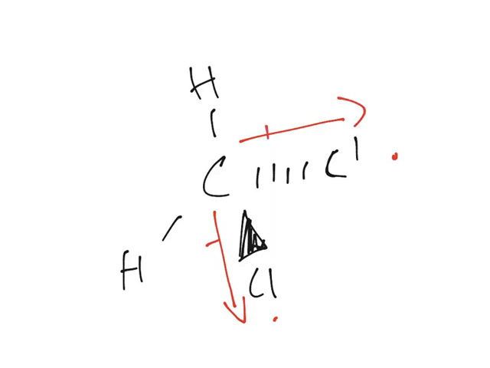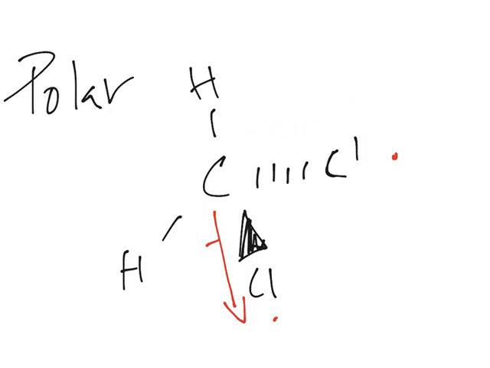Now this is a tricky example because you may think that the arrows are pointing in different directions, but the molecule is actually polar. Because the only way this molecule would be nonpolar is if instead of this, it has to be like that. You just think of it as they have to cancel out.